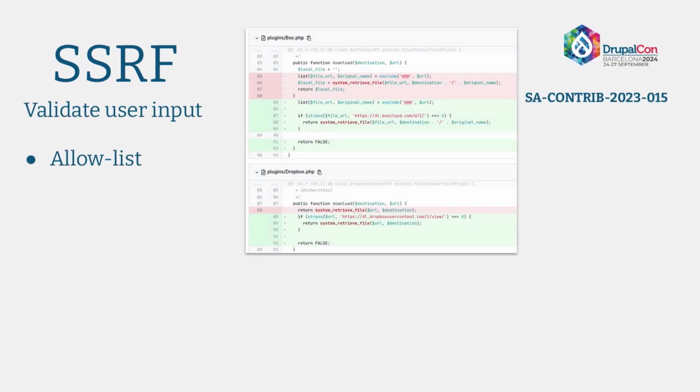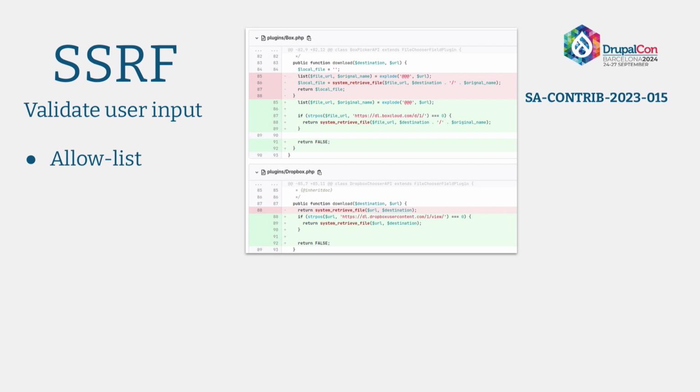So how do you avoid server-side request forgery? Saying validate user input should be table stakes for any kind of security talk, but validating the user input is the basic answer.